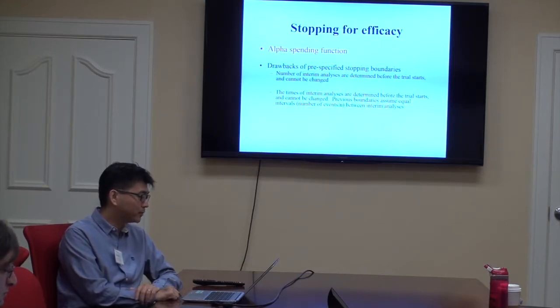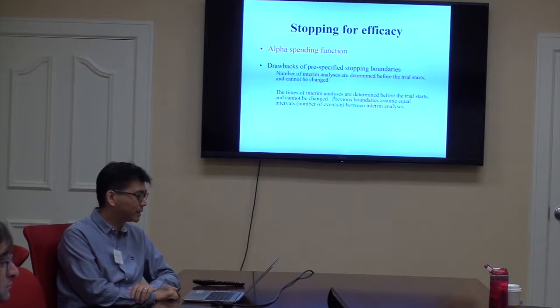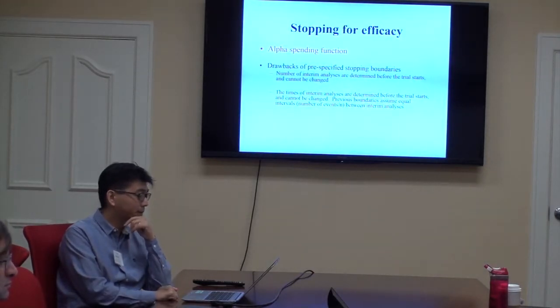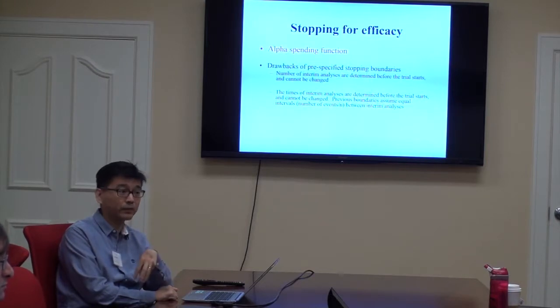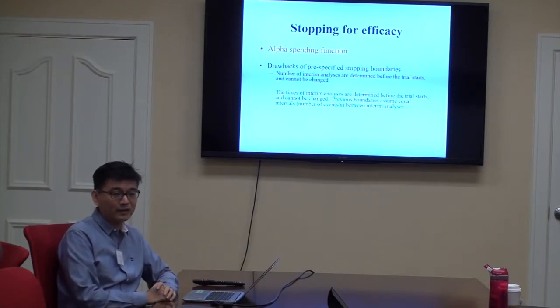So again, the drawbacks of having pre-specified boundaries is that we need to determine the number of interim analyses at the beginning. In a sense, I think it's good to know the number of interim analyses, but the bigger problem is that the timing of the interim analysis has to be determined at the beginning of the study in terms of the information fraction, not in terms of calendar time. But if you think about scheduling busy people to serve on a DSMB to review the data, you want to do it on calendar time, right?